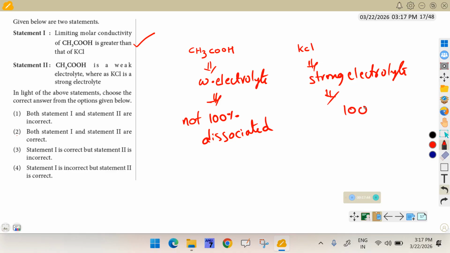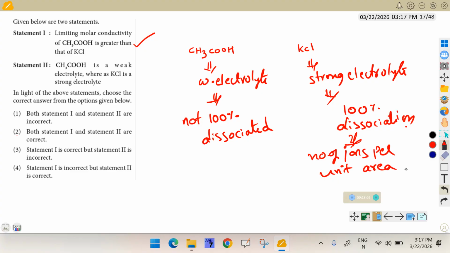Strong electrolytes, here 100% dissociation takes place. So what happened? Number of ions per unit area increases, molar conductivity decreases. So statement 1 is correct, and statement 2 is also correct.